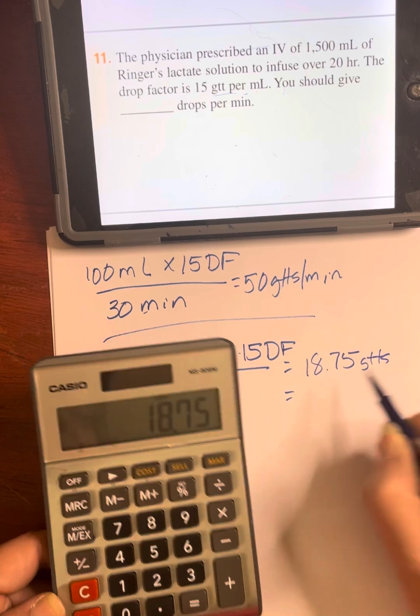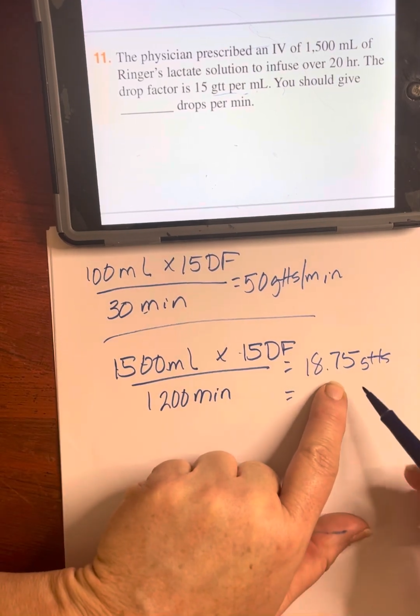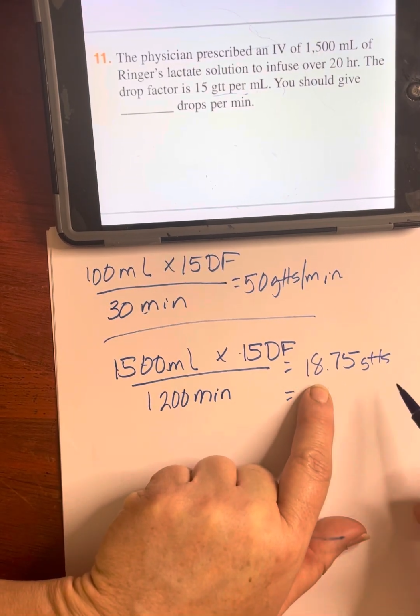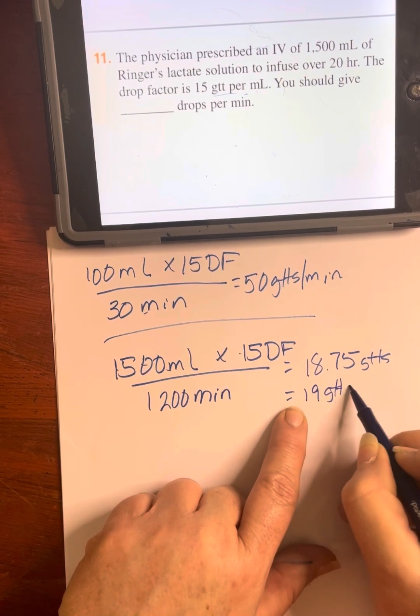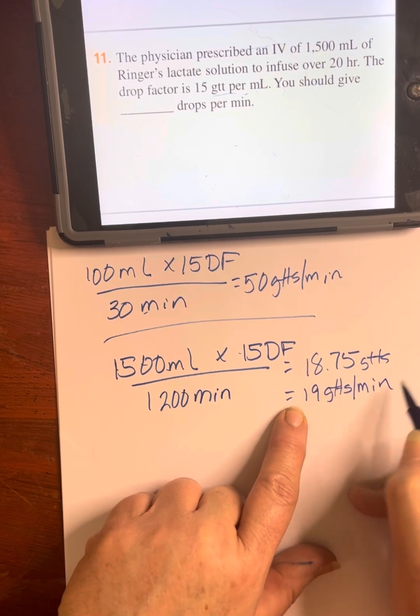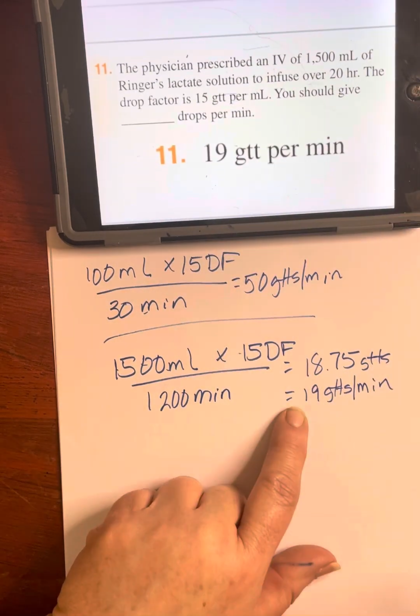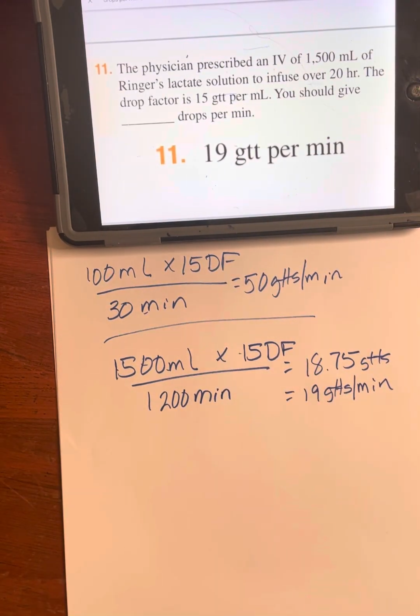You can't give 0.75 of a drop, so it has to be rounded to a whole number. That's going to round to 19 drops per minute. And boom, we saved them.